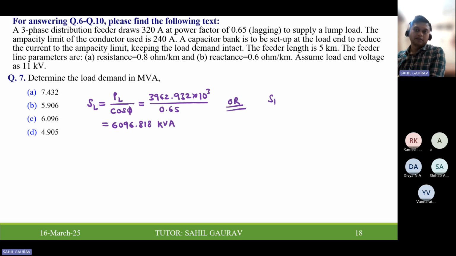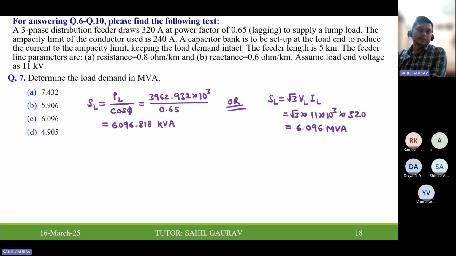Or you can also directly apply SL equal to root 3 VL IL. So root 3, VL is 11 kV, IL is 320 ampere. So this is the same, 6.096 MVA.